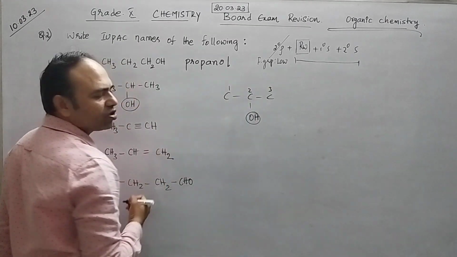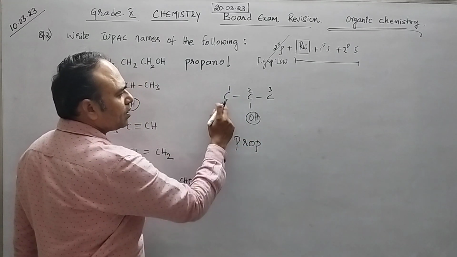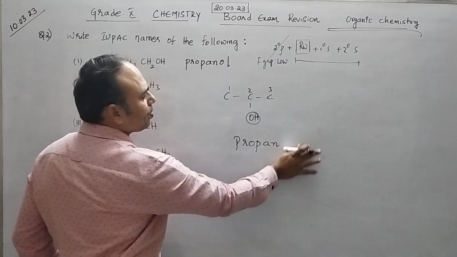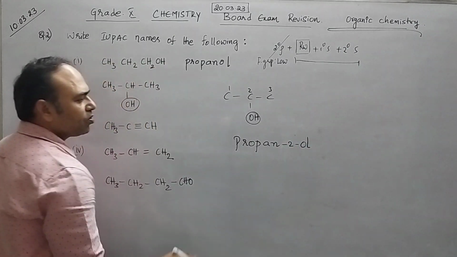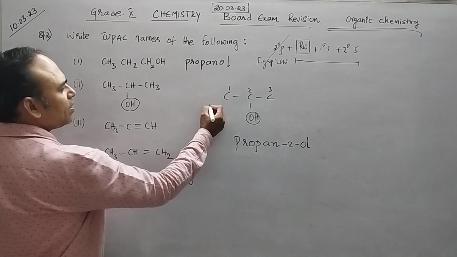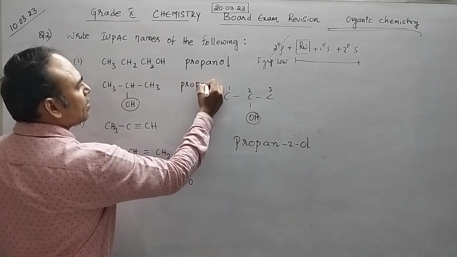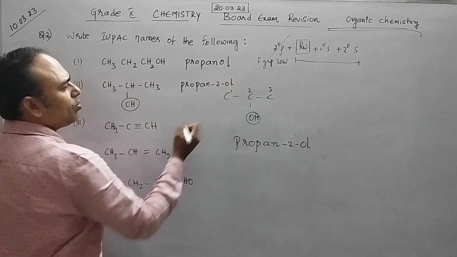Now follow the same. Root word is prop, single bonds, ANE, remove E, and at the second position OL is there. So it will become propane-2-ol. So this will be your second one. So we can write the answer here, propane-2-ol. Hope you have understood this.